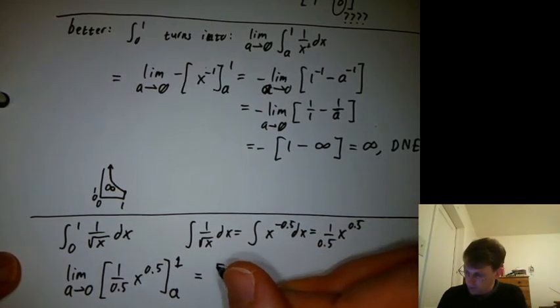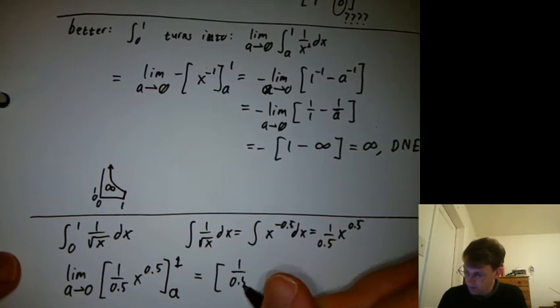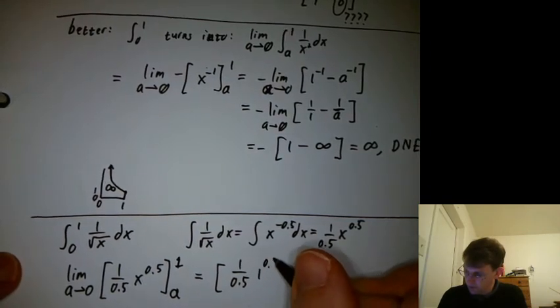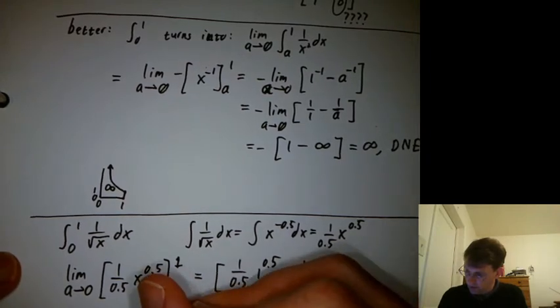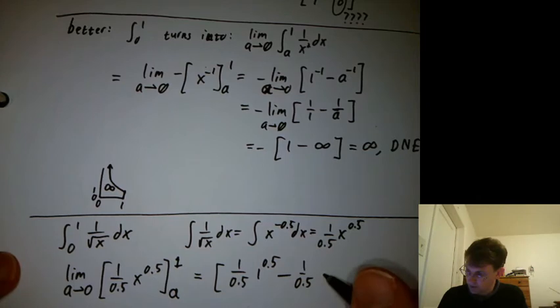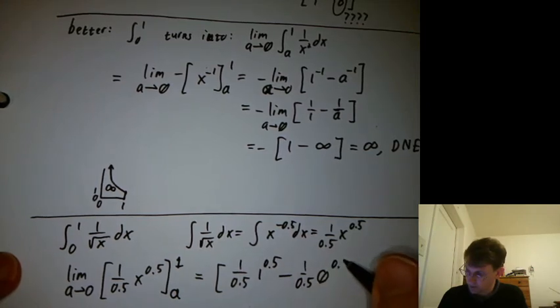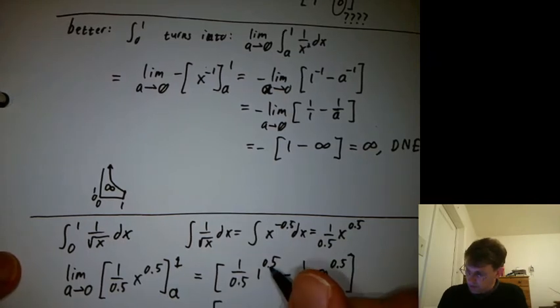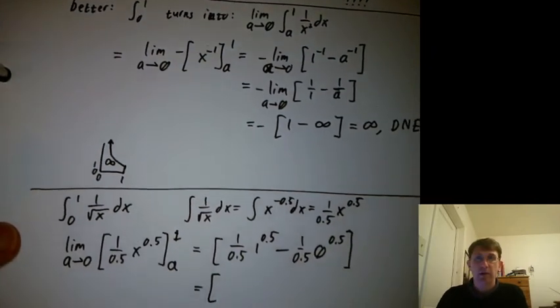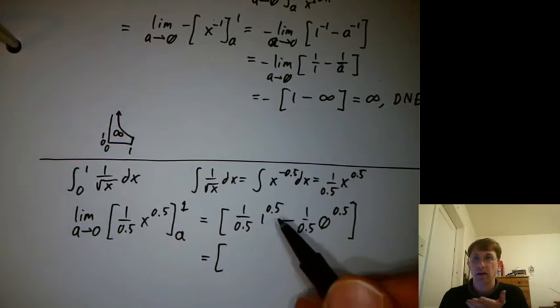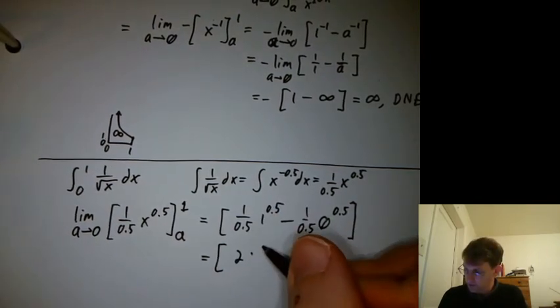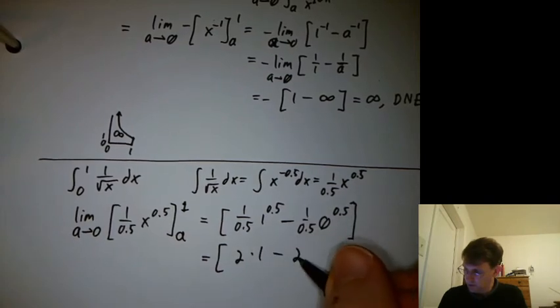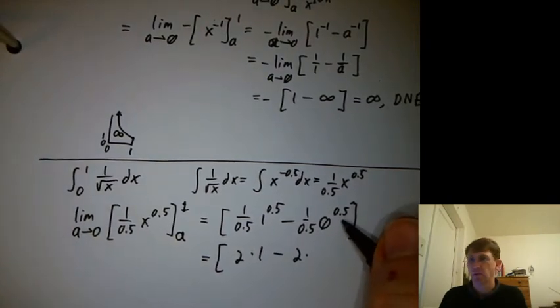And we'll say that's 1 over 0.5 times 1 to the 0.5, minus 1 over 0.5 times, just imagine plugging in 0 there. So what is 1 to the 0.5? 1 to any simple constant number is just 1. That's a 2.